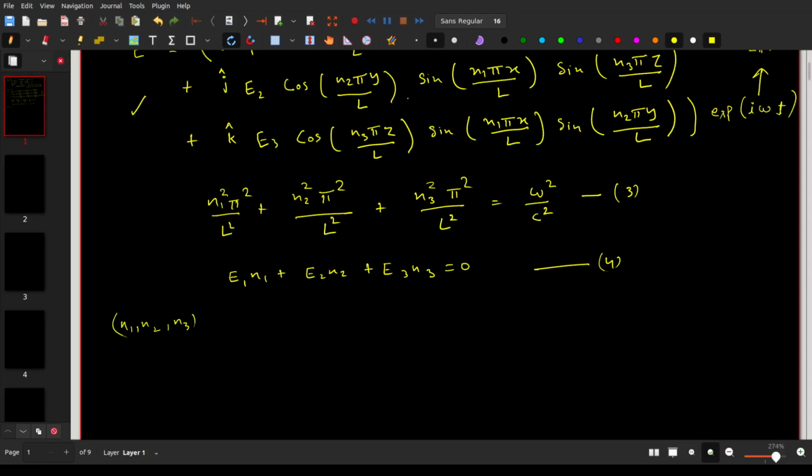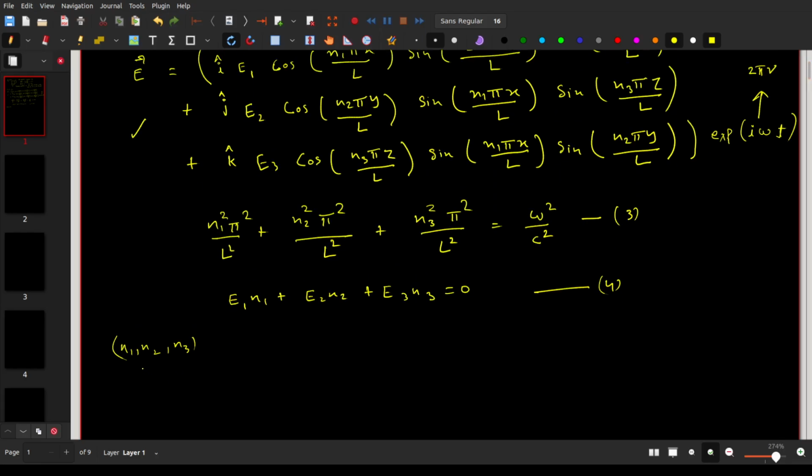And in fact, we have two solutions, because for each n1, n2, n3, we can find two different sets of vectors, e1 1, e2 1, e3 1, and e1 2, e2 2, e3 2, which are perpendicular to the vector n1, n2, n3, that is, which satisfy condition 4.